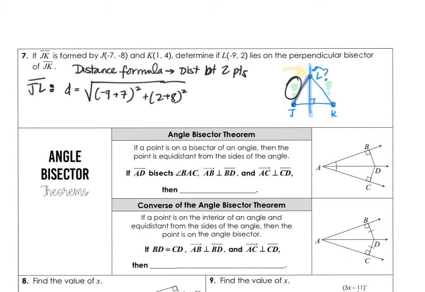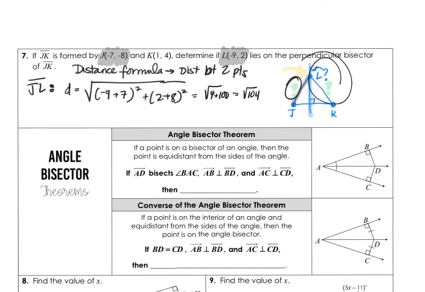We've got the points for JL: -7, -8, and -9, positive 2. I'm sorry, I went with this one first. Pythagorean theorem, a squared plus b squared, or x squared plus y squared. And that gets us the square root of 4 plus 100, or the square root of 104.